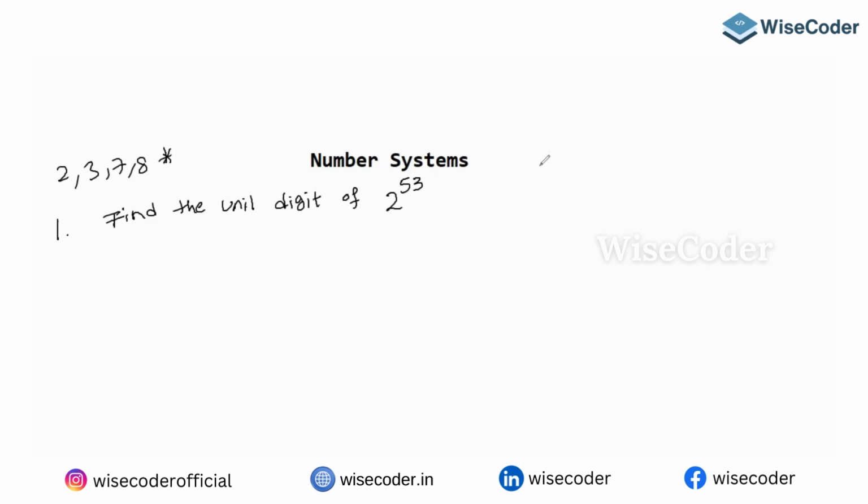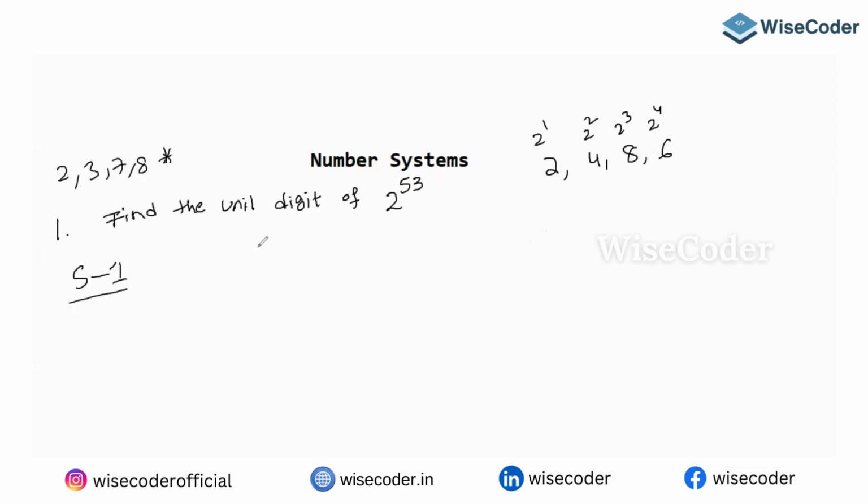We know that whatever the power of 2, 2, 4, 8 and 6 will come. This is for 2 power 1, 2 squared, 2 cubed, and 2 power 4. But then the cycle repeats. Yes or no? So step number 1.